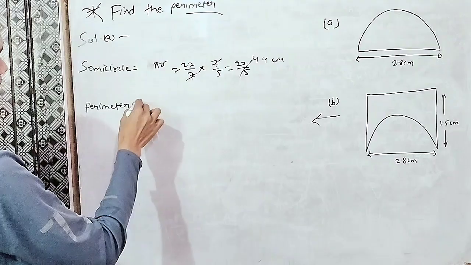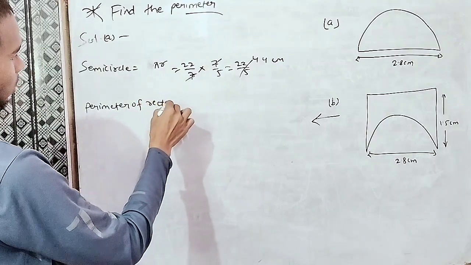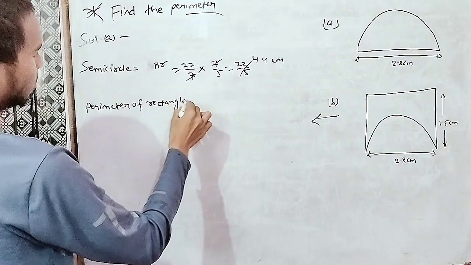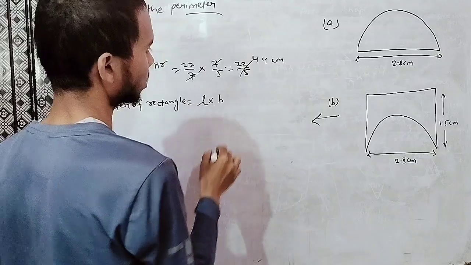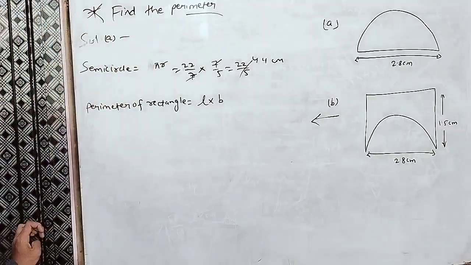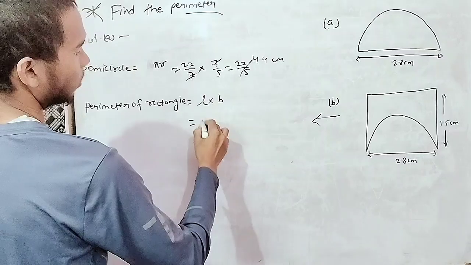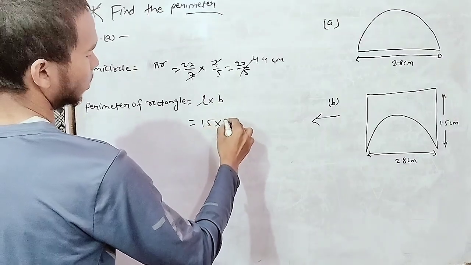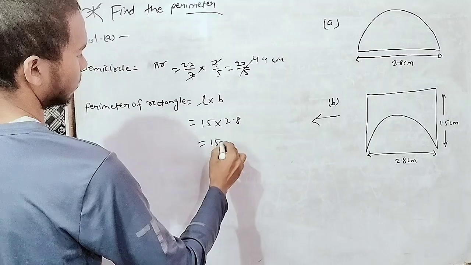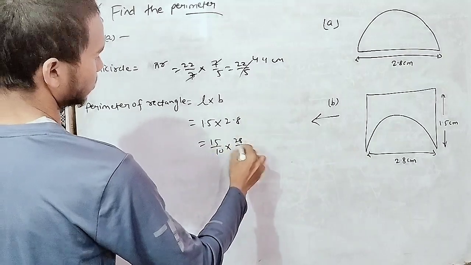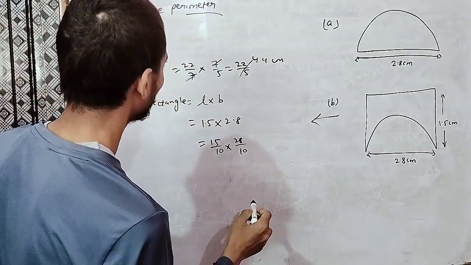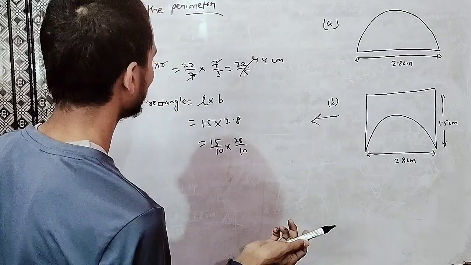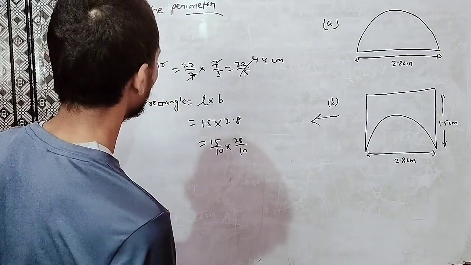Perimeter of a rectangle is L multiply B. 1.5 multiply 2.8. Am I correct?